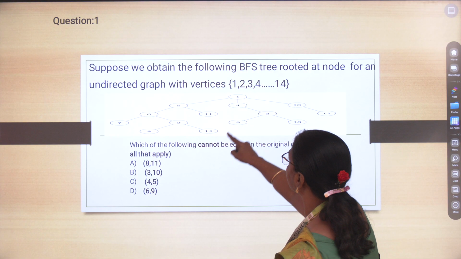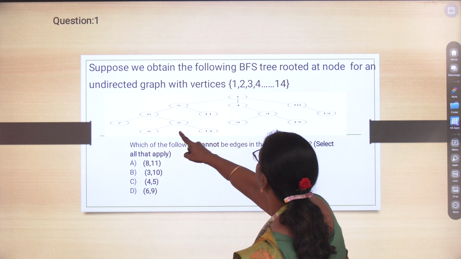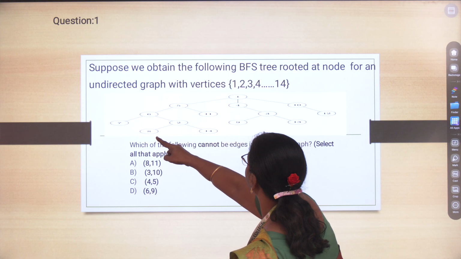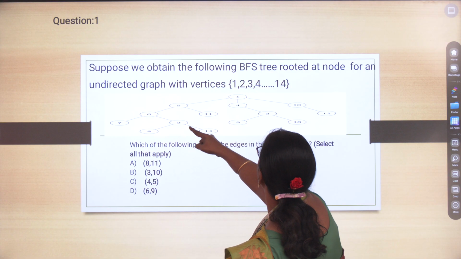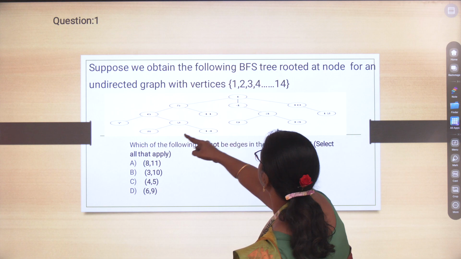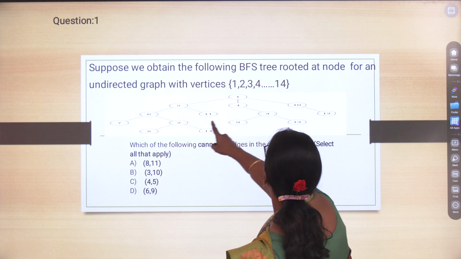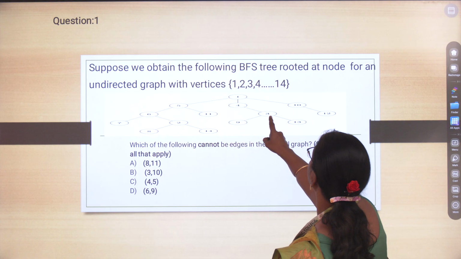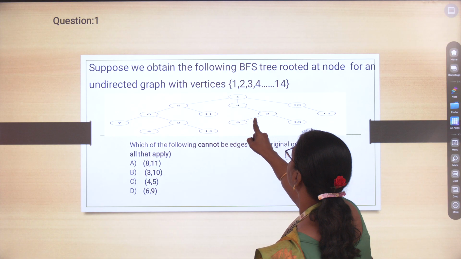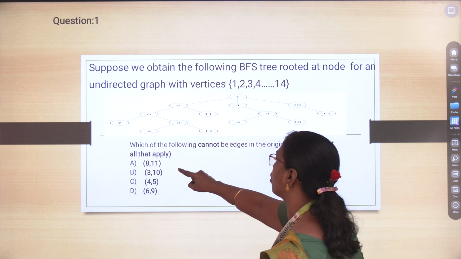Then we check 8 and 11. The number 8 is in a lower level, connected with a node at the uppermost level, level 3. In option B, the number 3 is in the middle level and is connected to the number 10, which is in the topmost level. So the second option is not possible.